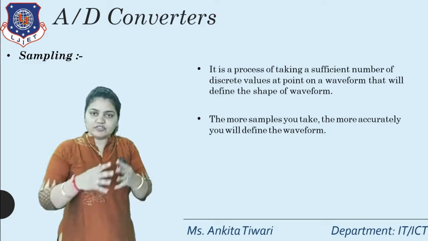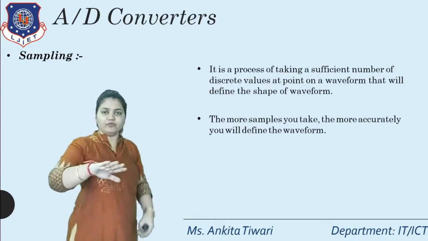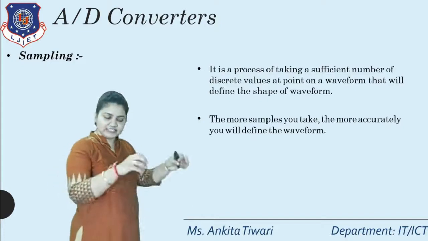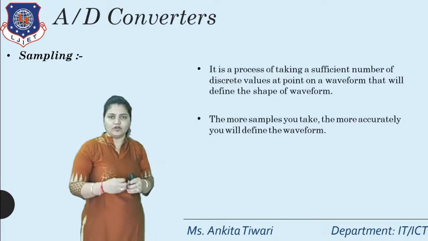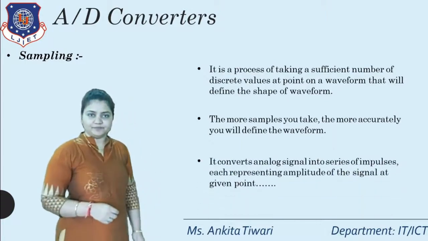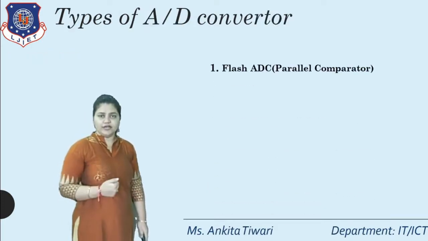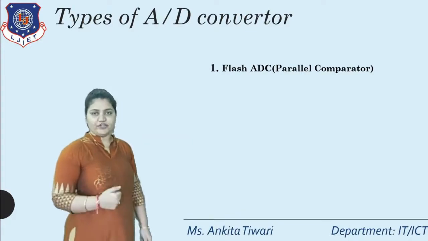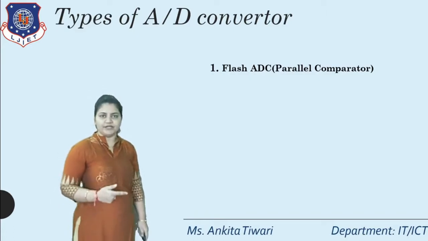So sampling is a process where, when the discrete values are defined from the two techniques, the sampling will take the discrete values which are defined in the conditions, and then we will find out the analog signal that we need to provide in the system. So after sampling, we need to understand the converters. We have a total of 3 types of A to D converters, that is flash ADC, which is also known as parallel comparators.